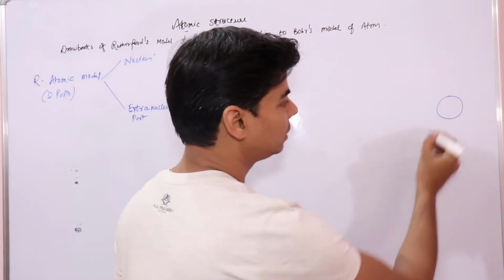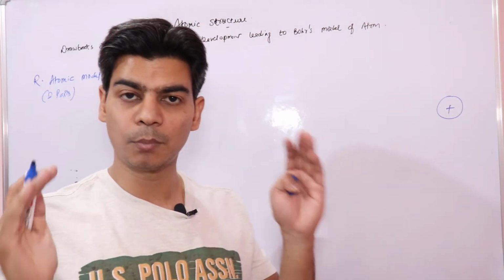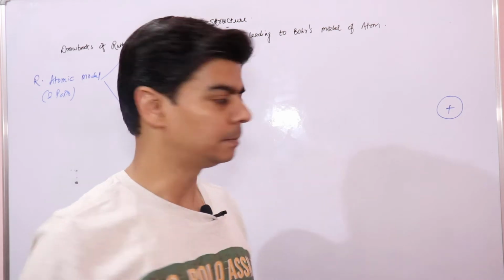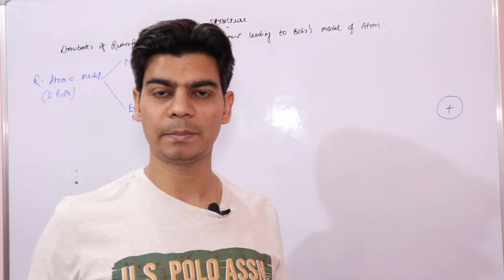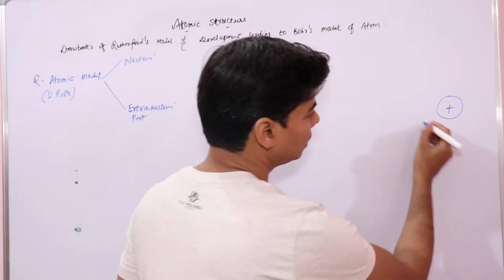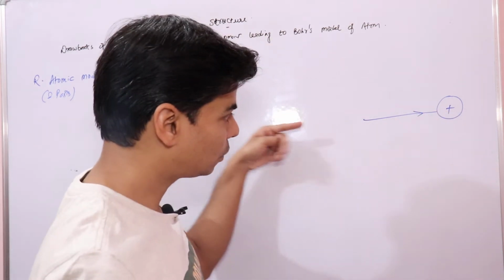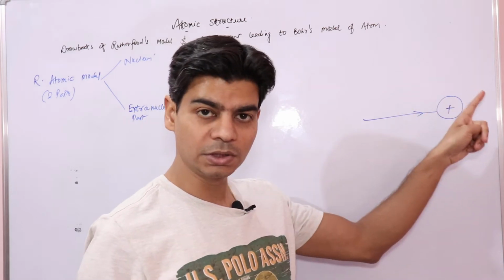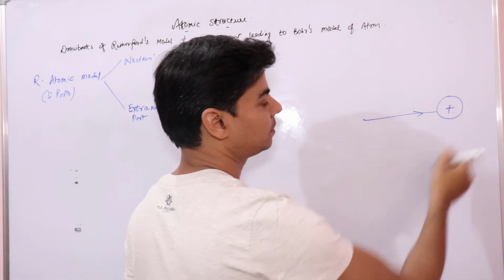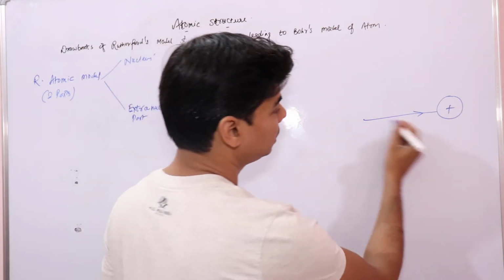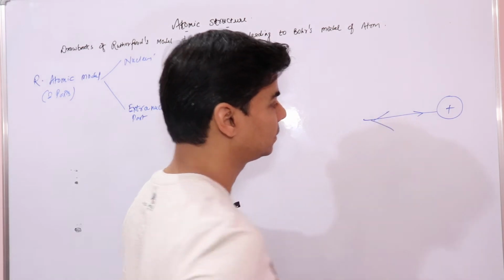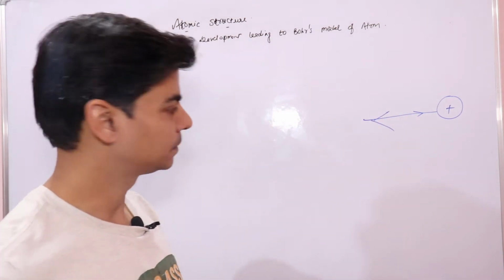When the alpha particles collided with the positively charged part of the atom, a very few alpha particles, 1 in 20,000, bounced back, right. When they did head-on collision with this positively charged part of the atom, they bounced back into the source.